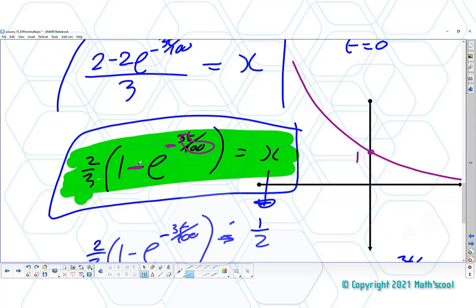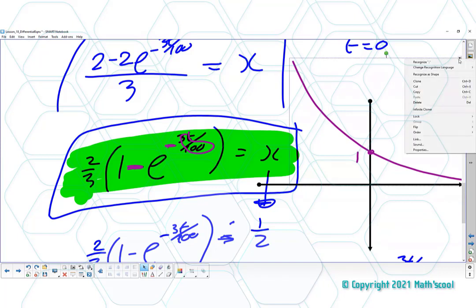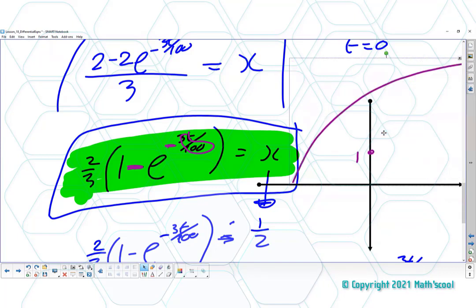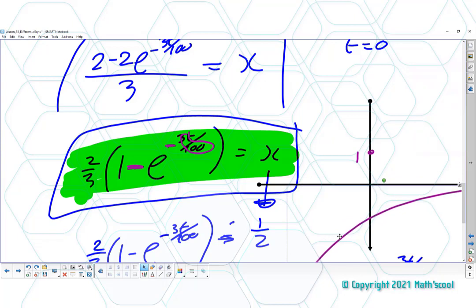Then you've got a minus here, so you've got to flip it again, but this time in the x-axis. Okay, so now it looks like that. This is now -1. Then you've got a +1 here, so you've got to shift it up by 1.